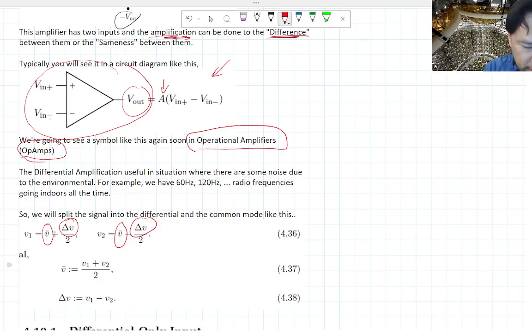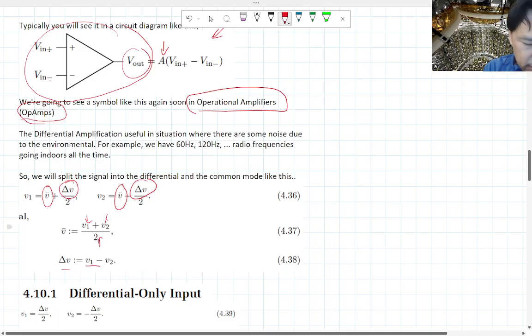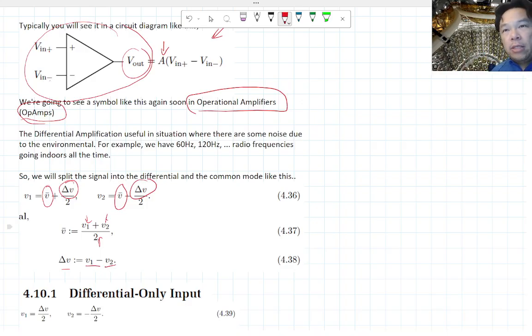So V bar is the average between the two signals. This is the common part of it. Delta V is the difference between the two signals. And we're going to see how this amplifier treats this difference versus the common.